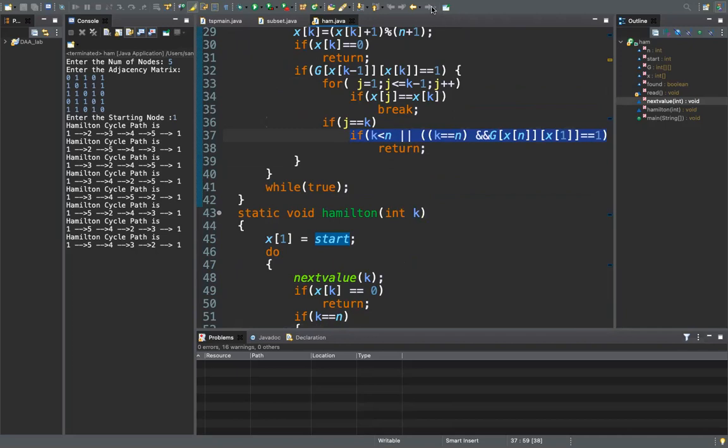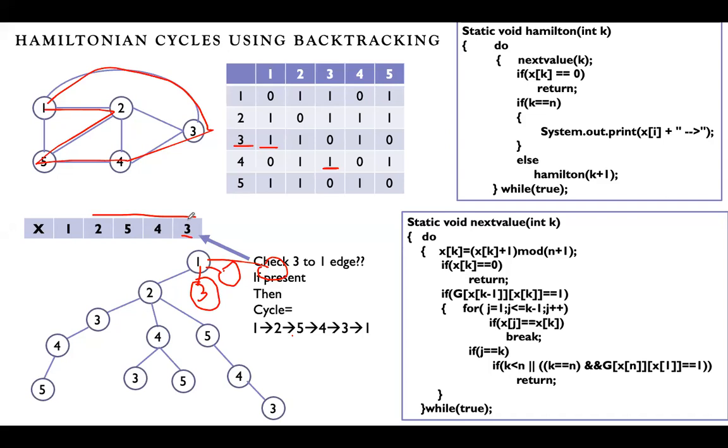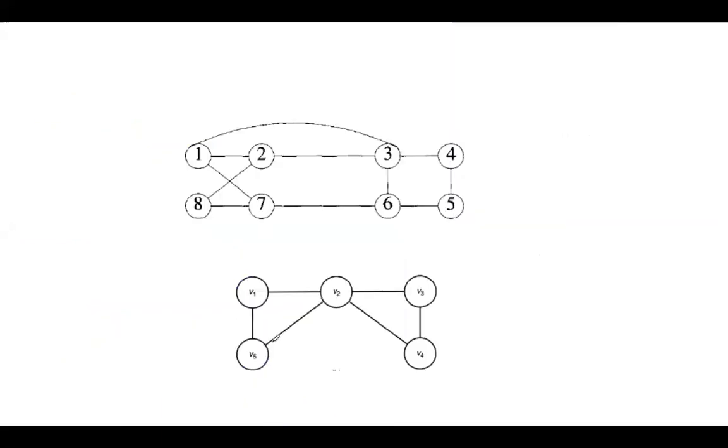So what you need to do is, since I have traced only for these 2 cycles, in the lab program you must trace the program for this graph as well as for this graph.